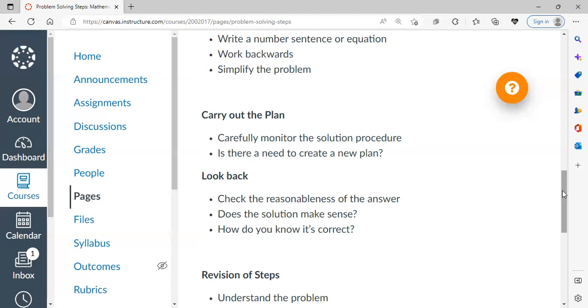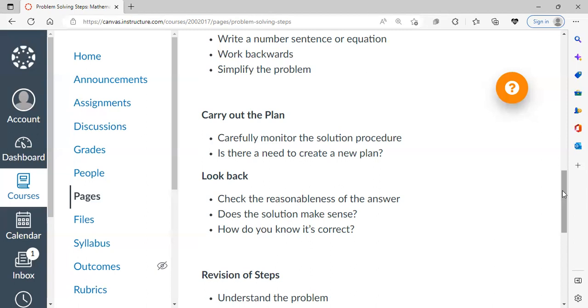To check if our answers are incorrect, instead of multiplying, we can add, right? Because they're almost opposite, right? Instead of dividing, we can subtract and so on, all right?